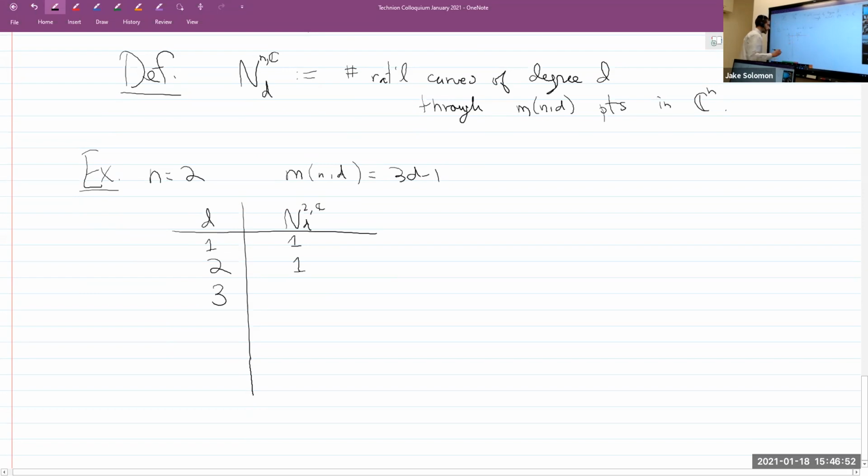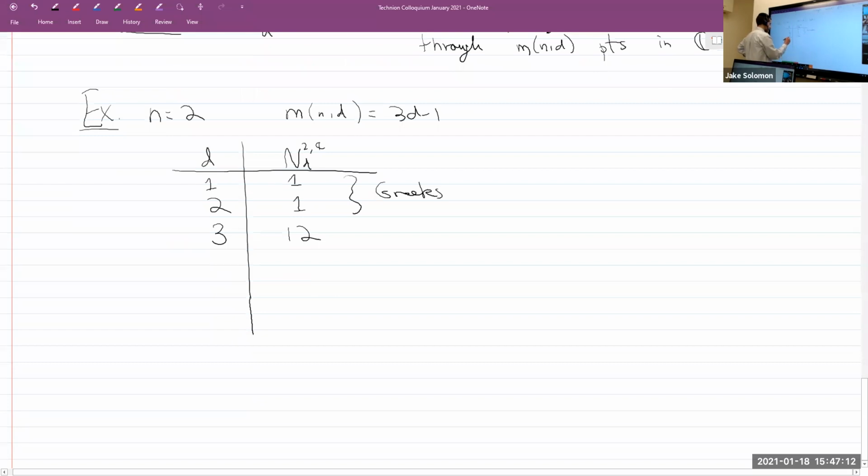Now, when you do rational curves of degree 3 through, well, 3d minus 1 now is 8 points, then the answer turns out to be 12. And so let's say this was done by the Greeks, roughly speaking.